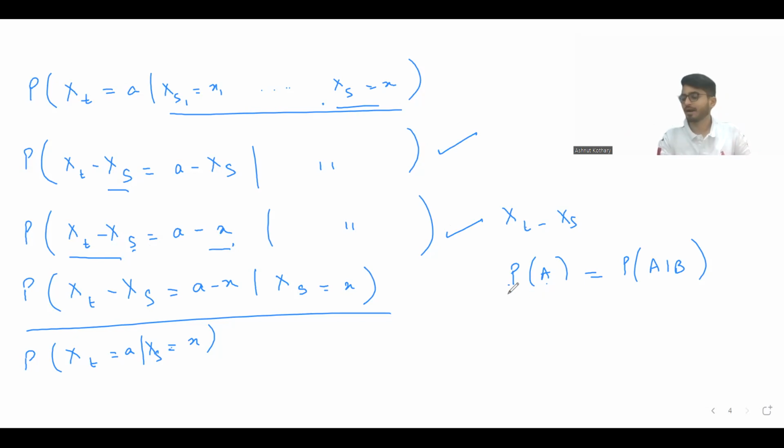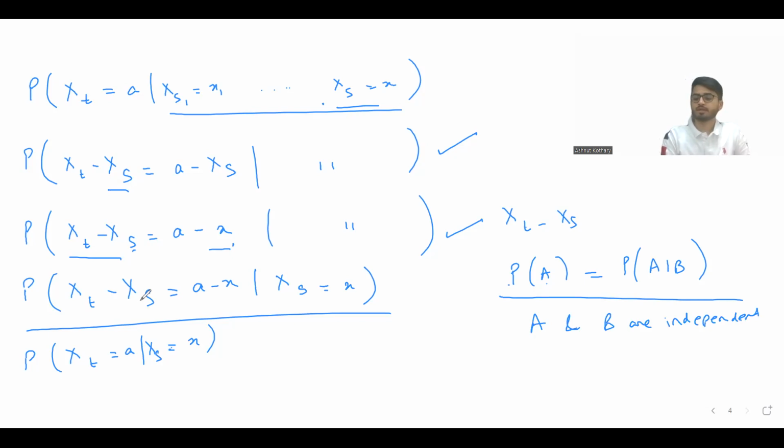This uses the fact that probability A can be written as probability A given B, given that A and B are independent. And then again in the next step, I am replacing capital Xs with small x.